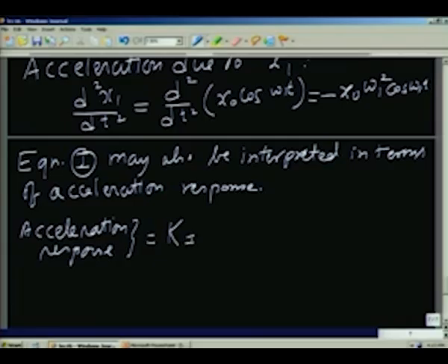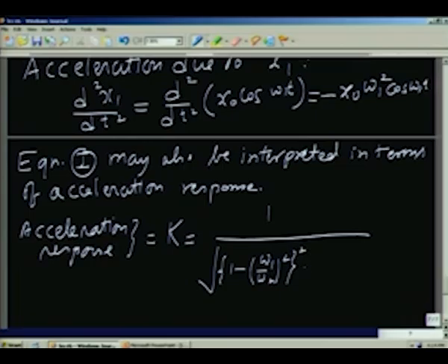I am removing that omega n squared from that expression, and I am going to say that this is equal to 1 over the square root of [1 minus (omega 1 by omega n) whole squared, squared, plus (2 C by Cc times omega 1 by omega n) whole squared]. So, we will call this expression 3.